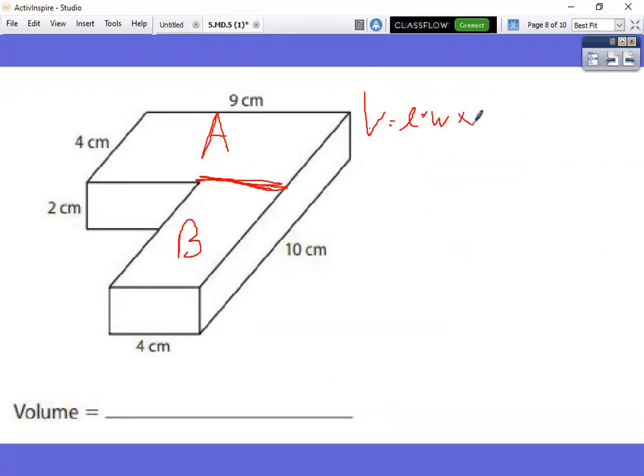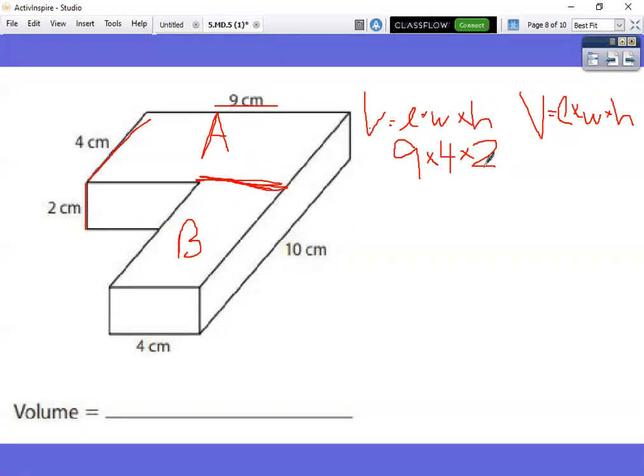Length times width times height. Length times width times height. So let's start with prism A. Our length is 9. Our width is 4. And the height is 2.